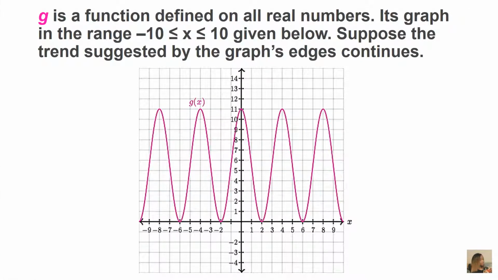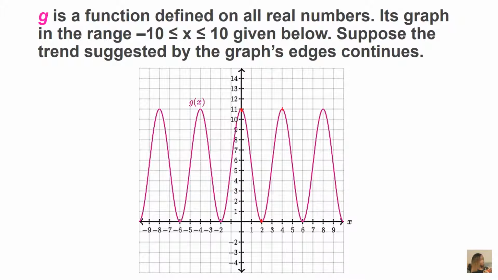So now let's determine whether or not g is a periodic function. It's obviously a periodic function, but let's be a little bit more specific about its periodicity. So we see that the function starts at a maximum of 11, goes all the way down to a minimum of 0, and then increases back to 11.